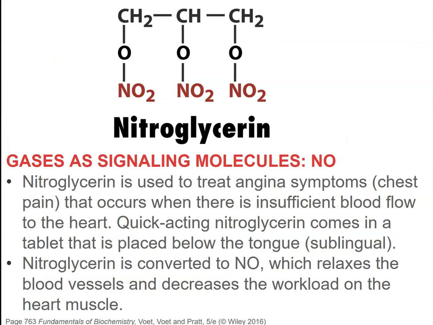So more about NO. I believe that this was used as a treatment before people knew how it worked. So this is nitroglycerin, and it's used to treat angina or chest pain that occurs when there's insufficient blood flow to the heart.